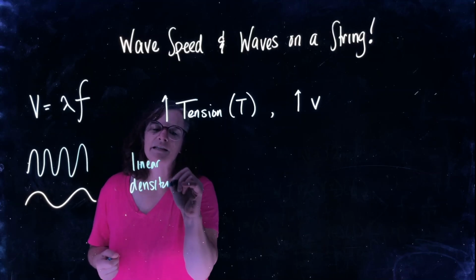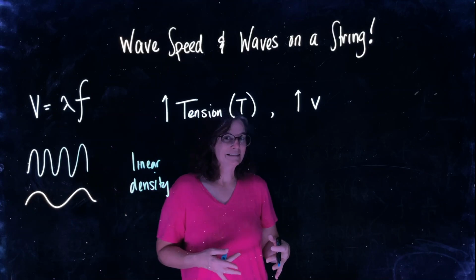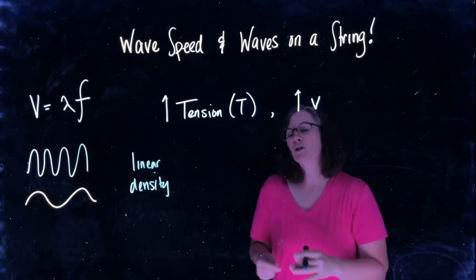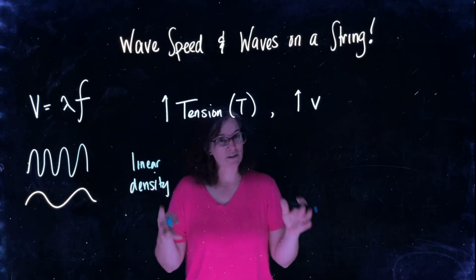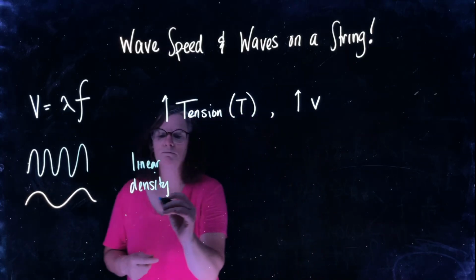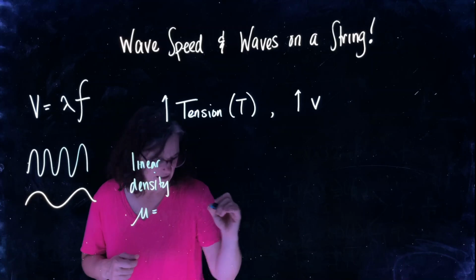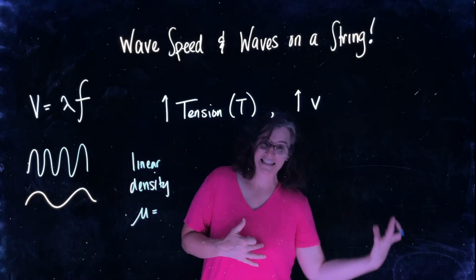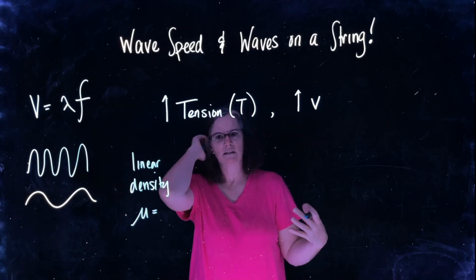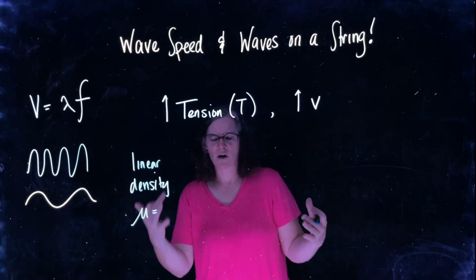Now, this is given as K. It's also given as mu. We use a lot of the same symbols in physics, so you need to recognize what this particular relationship is. I'm going to use mu for our linear density. We know density, when we learned about fluids, is mass per volume.